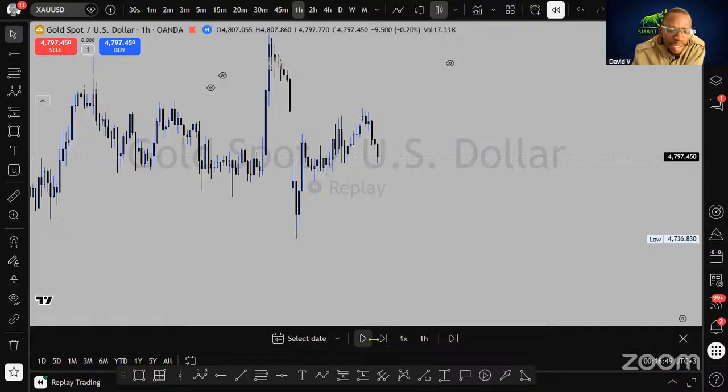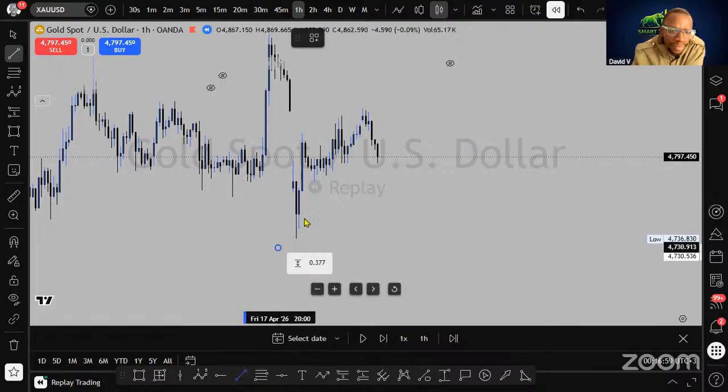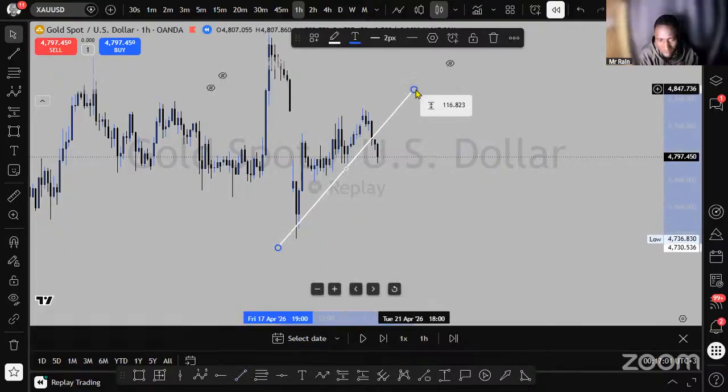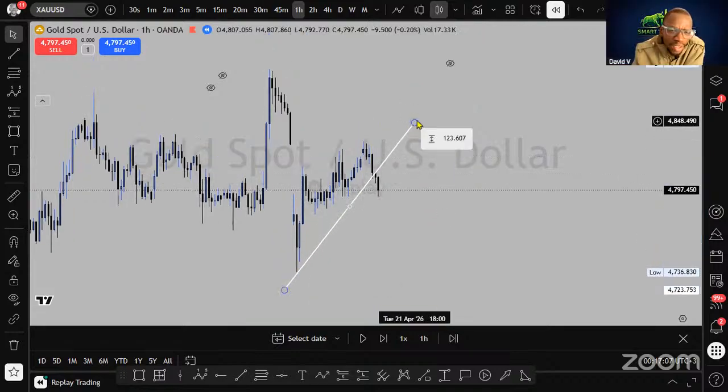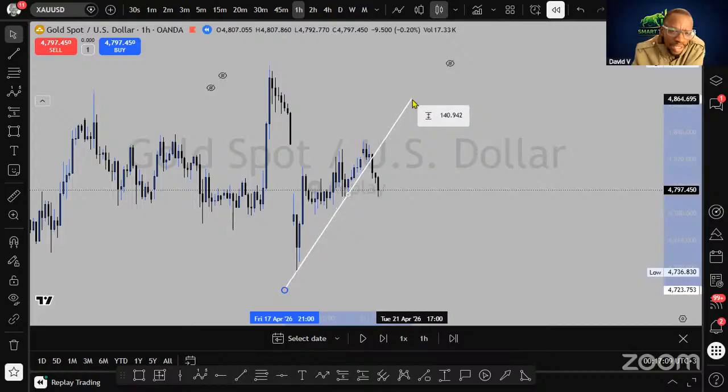Nothing pointing to me. So in the meantime, I can do something like this. I can now see I had a very nice trend. Let me see if I'm able to draw that trend line. I don't like trend lines that I'm drawing only in 2 areas. They're never good for me.